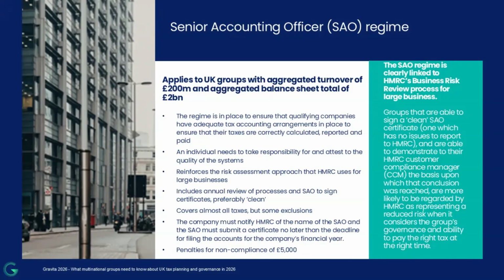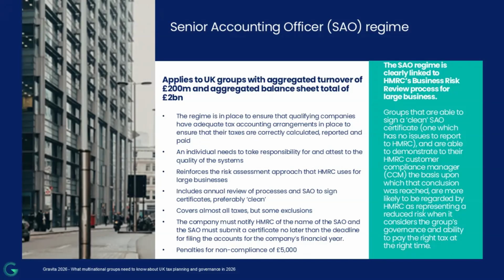But what you cannot have is two SAOs operating together at the same point in time. Additionally, if an FD or a CFO changes, then it's also okay to have two SAOs for a period, but HMRC will expect notification.